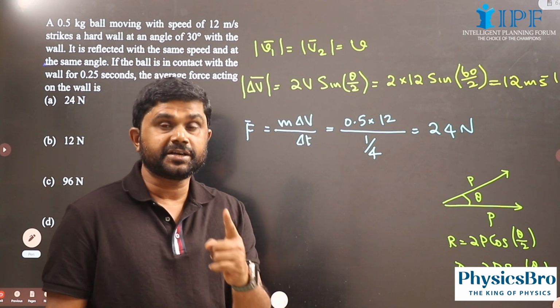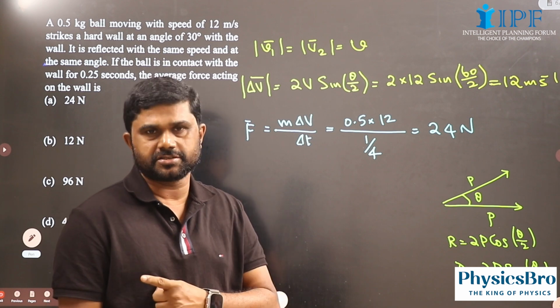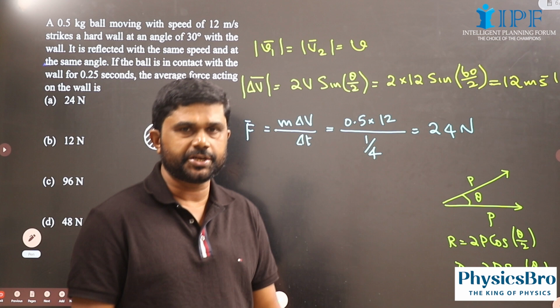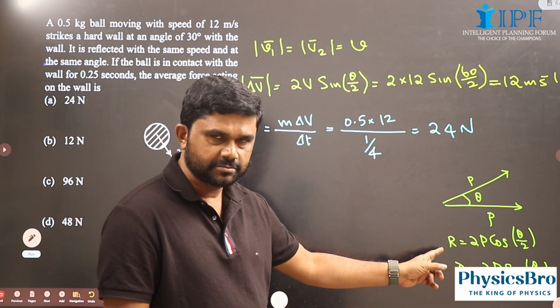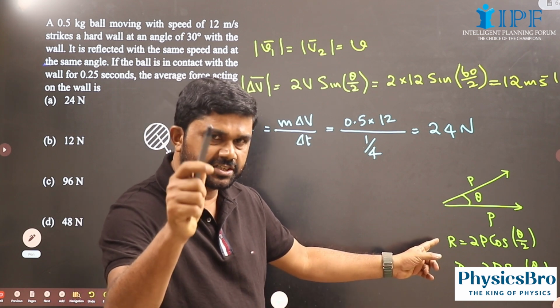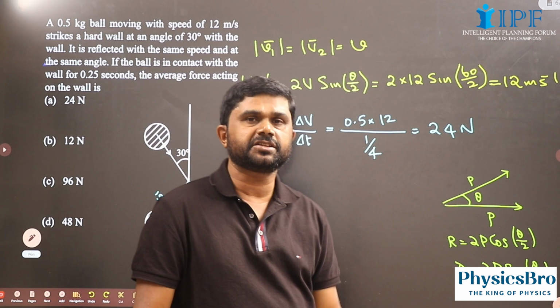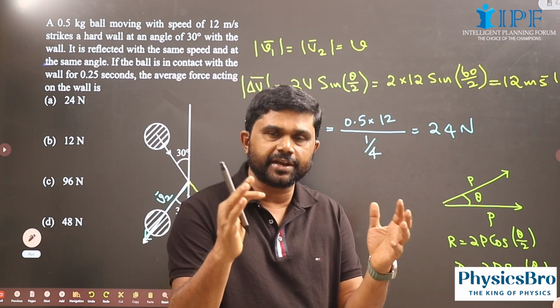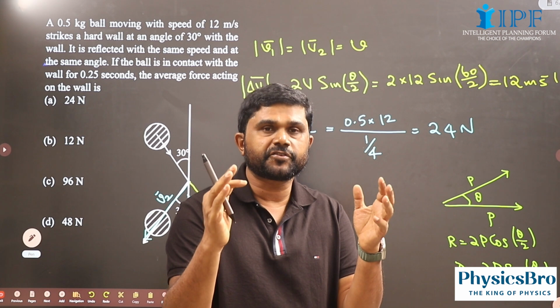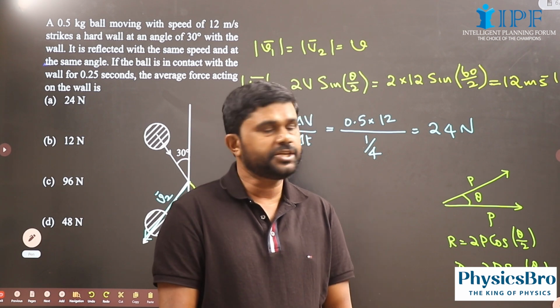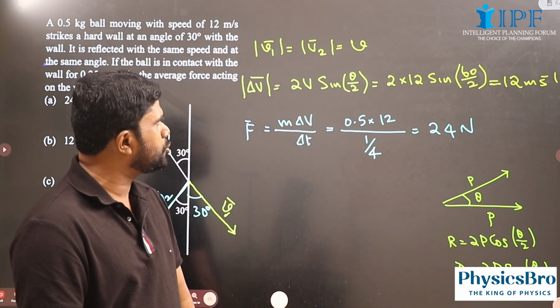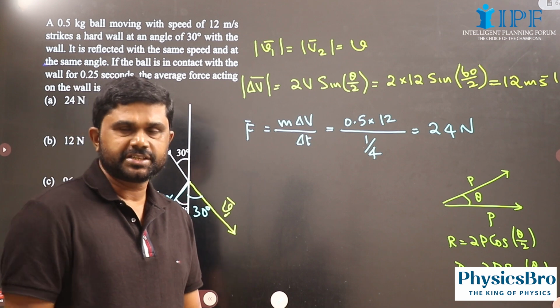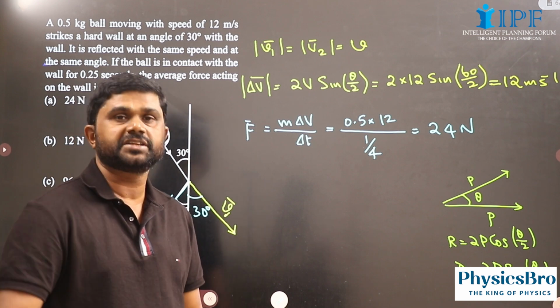Then the magnitude of the vector resultant is 2p cos theta by 2, and the magnitude of the vector difference is 2p sin theta by 2. Here we have to find the change in linear momentum, so we have to find the vector difference. It is 2p sin theta by 2, where p is the magnitude of either vector.